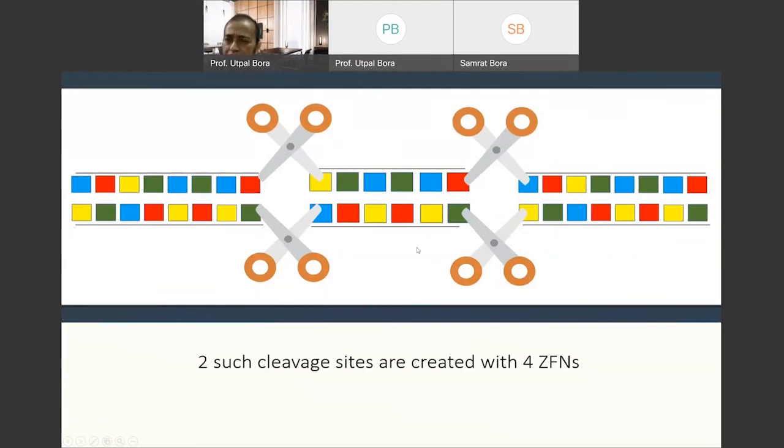We need to cleave at two portions so that we can excise this intervening DNA sequence. Ultimately we have such four Zinc-finger nucleases that can cleave at two different sites, so that the intervening sequence can be excised.